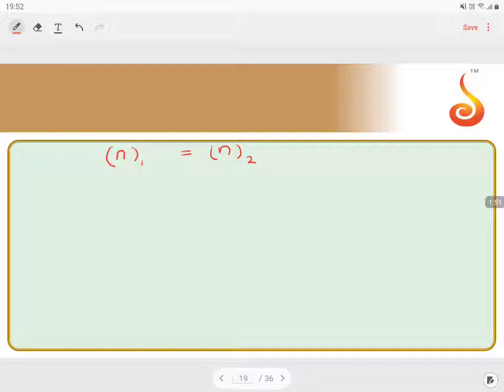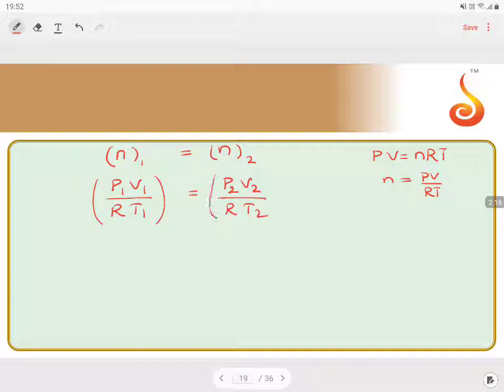Now container 1 will have the number of moles from the ideal gas equation. PV is equal to nRT. What will be the n value? n is PV by RT. So the number of moles in the first container is P1 V1 by R into T1. This will be equal to P2 V2 by R into T2 in the second container.